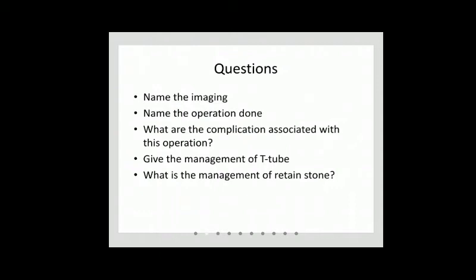So next, what are the complications with this surgery? What are the complications that may develop during surgery for CBD stone?